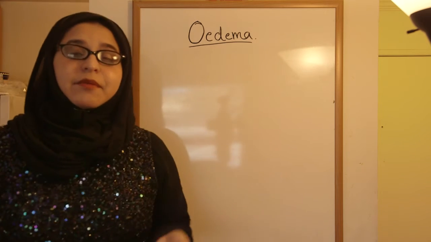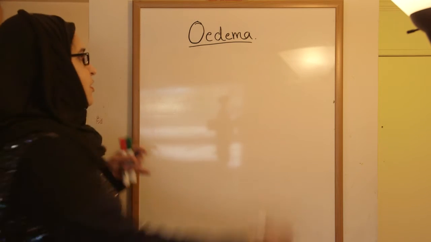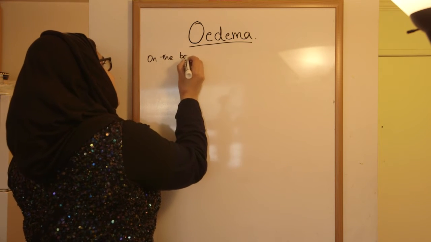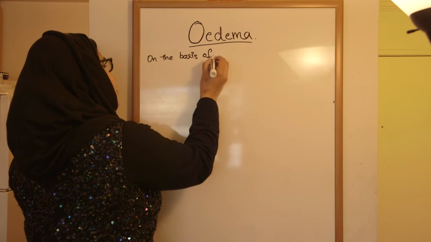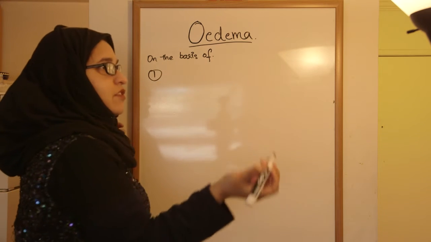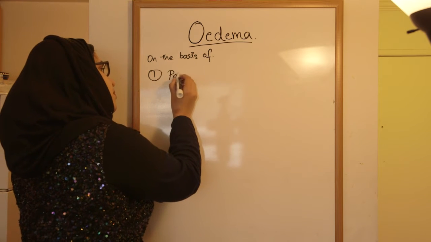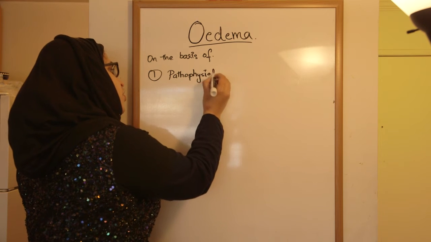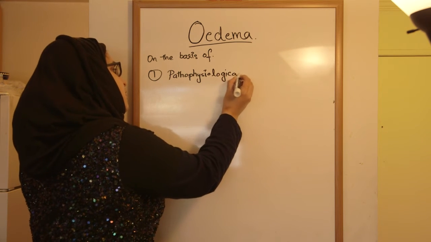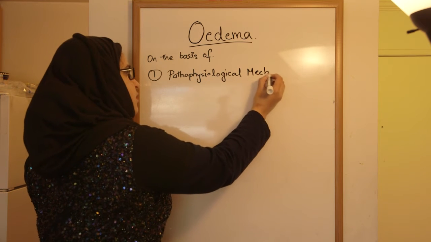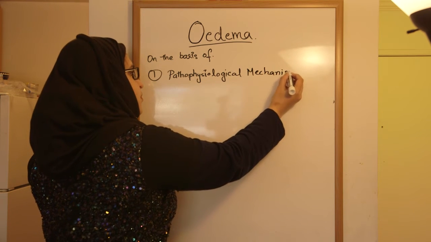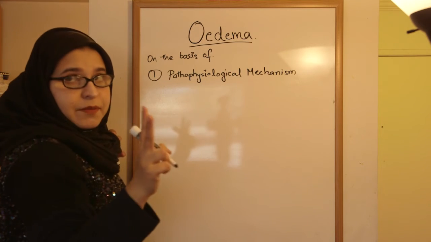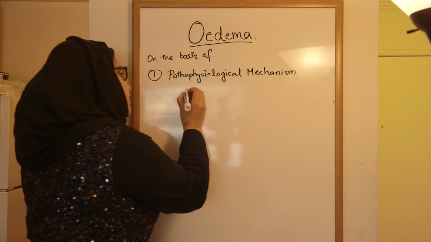Okay, now let us learn about the classification of edema. First of all, on the basis of pathophysiological mechanism, there are two types: transudate and exudate.